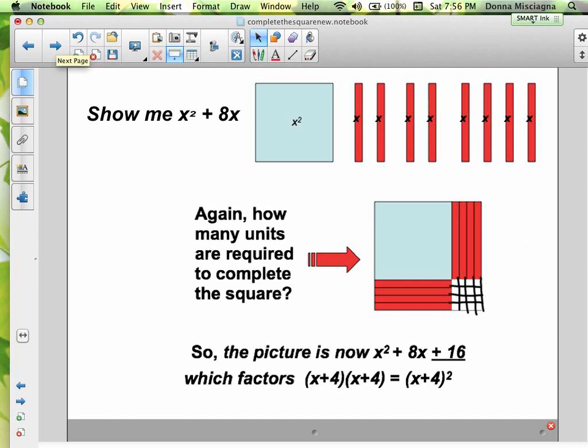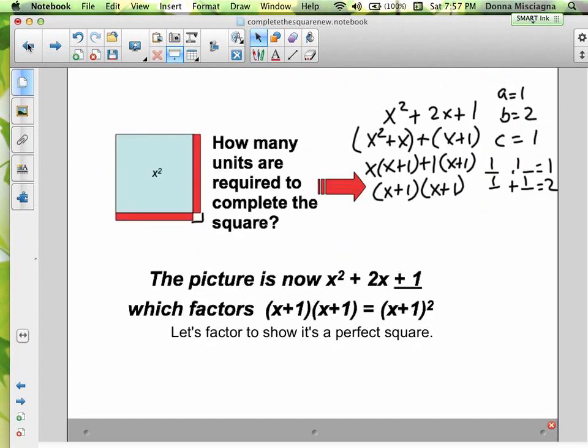By the way, did you notice there's a pattern to the factoring in these 3 examples? So x squared plus 8x plus 16 factors to x plus 4 times x plus 4, or x plus 4 squared. And then if we look back, x squared plus 2x plus 1 factors to x plus 1 times x plus 1, or x plus 1 squared.